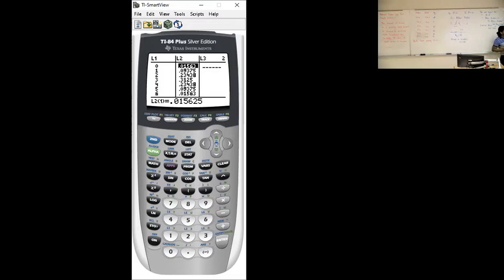So less than or equal to the test statistic. So if we add 0.01593 plus 0.09375 plus 0.2348, what do we get?